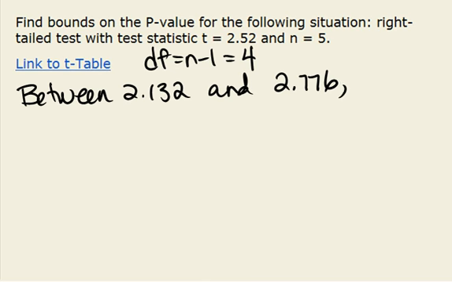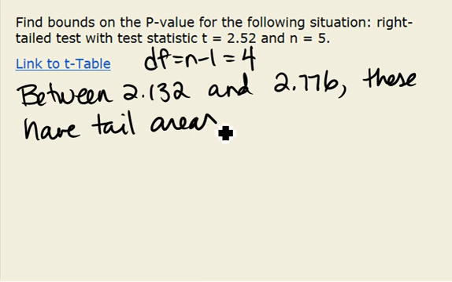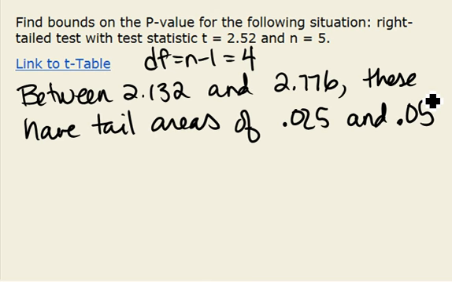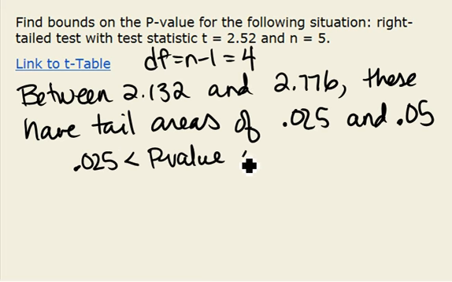So these have tail areas of 0.025 and 0.05. Since we're just doing a right-tailed test, we don't have to multiply by 2, which means that our p-value would be bounded between these numbers. The smaller number is 0.025, so our p-value is greater than 0.025 but less than the larger, which is 0.05.